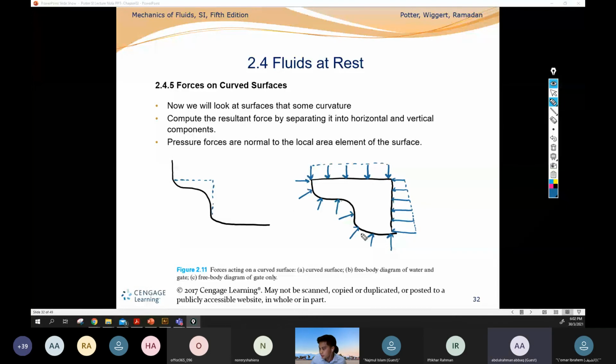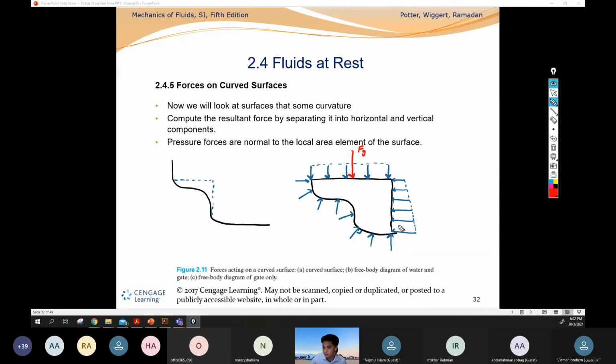Okay, must be perpendicular. Alright, so for this case, let's define the resultant force. Where is the resultant force for this horizontal? It is at the middle, right? This is Fy. Okay, and then we have the resultant force at the vertical plane.